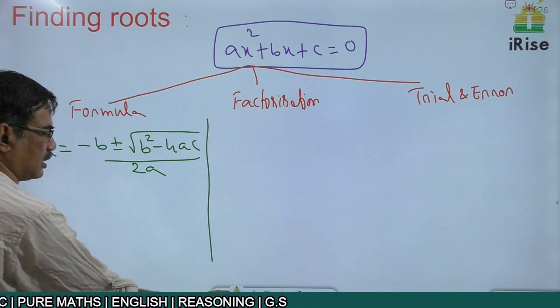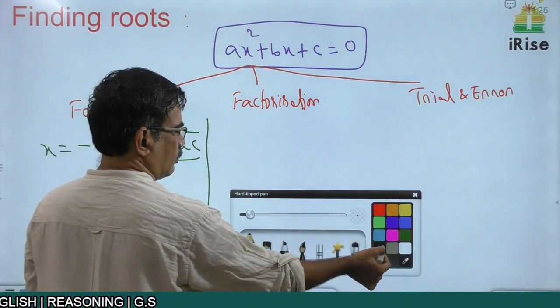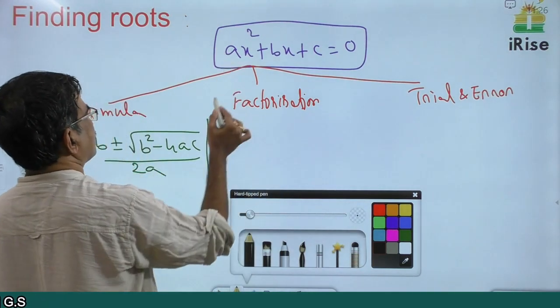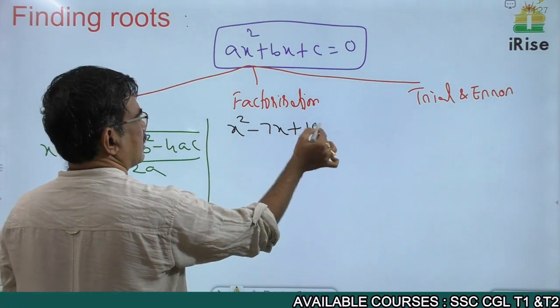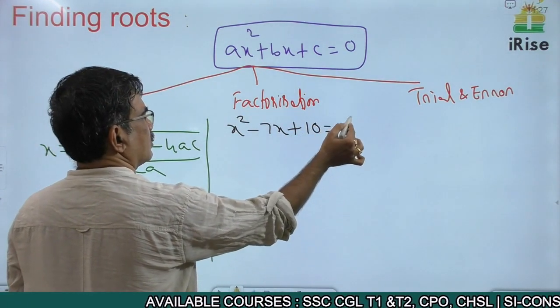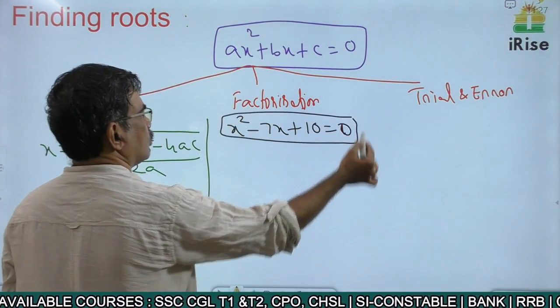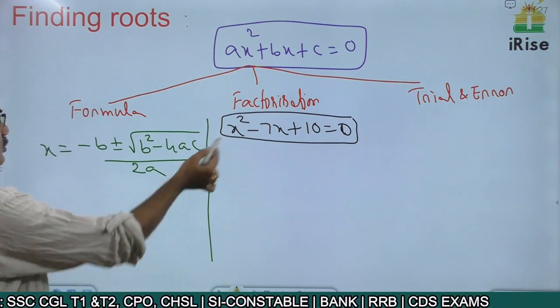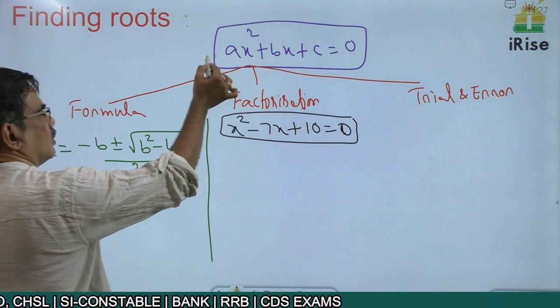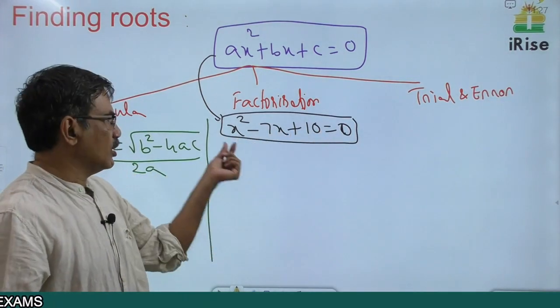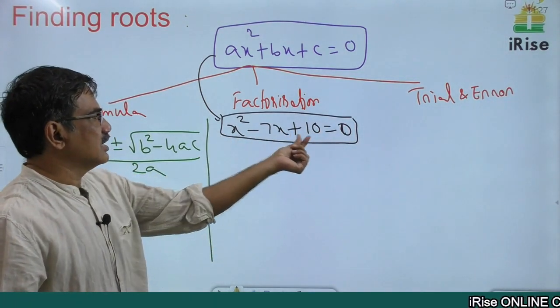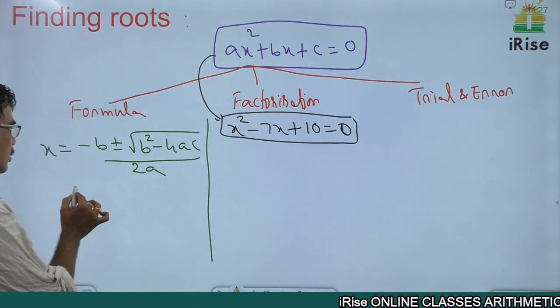I want to consider a simple example for this. The example is x square minus 7x plus 10 is equal to 0. This is a quadratic equation. Compare with the ax square plus bx plus c is equal to 0 model, where a is 1, b is minus 7, c is 10. Substitute here.